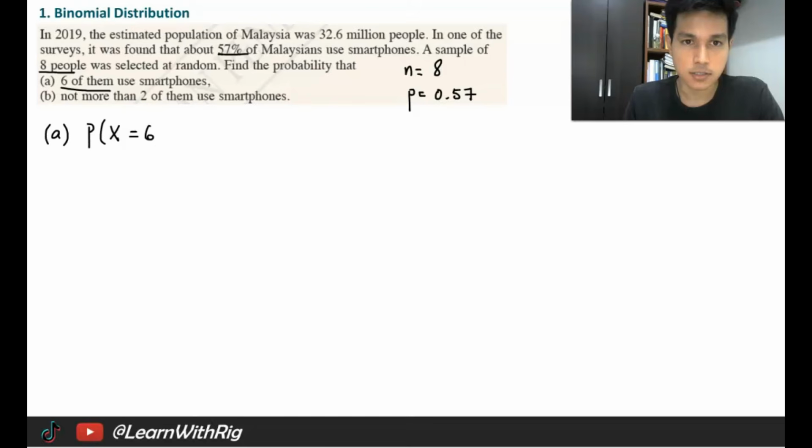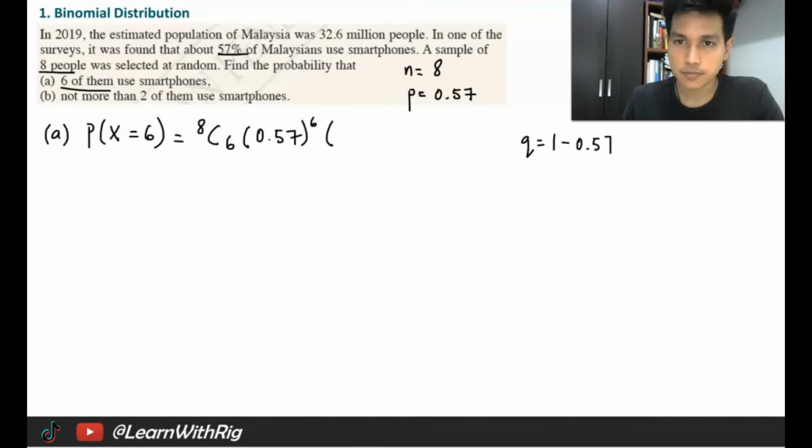Out of the 8 people, 6 of them use smartphones, and then you times the p value 0.57 power 6. If p is 0.57, what is the q value? q is 1 minus 0.57, so it would be 0.43. So here's 0.43 power 8 minus 6, which is 2.